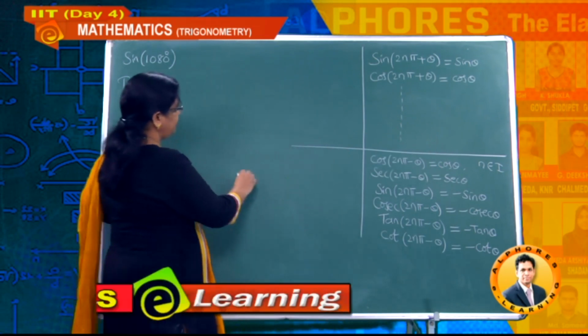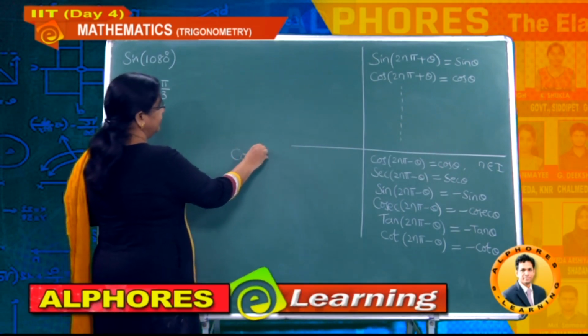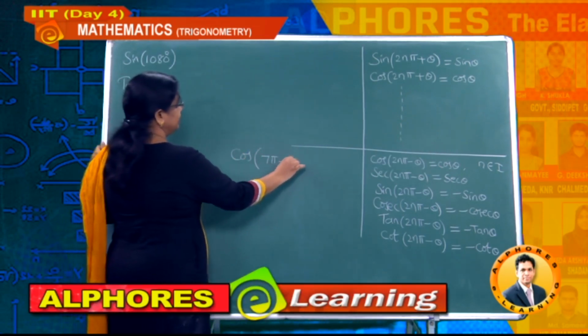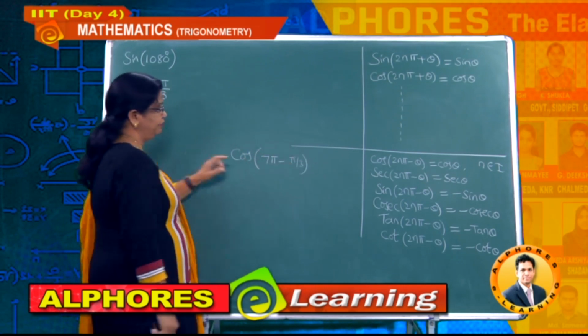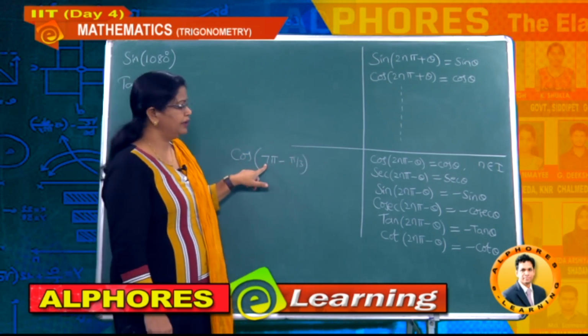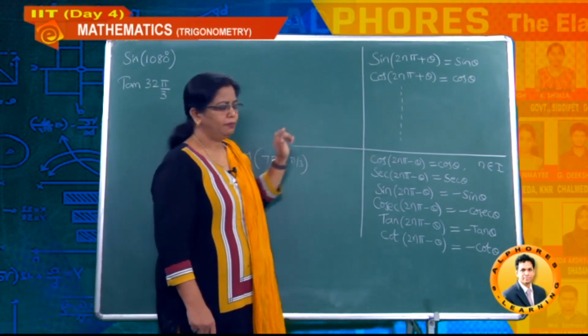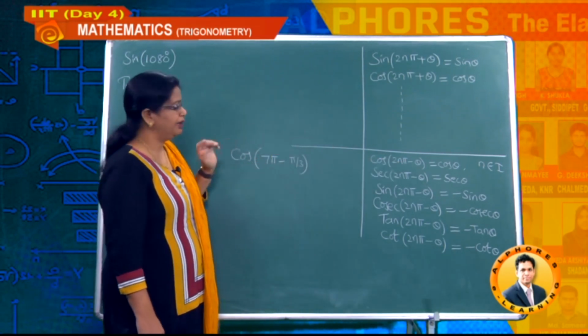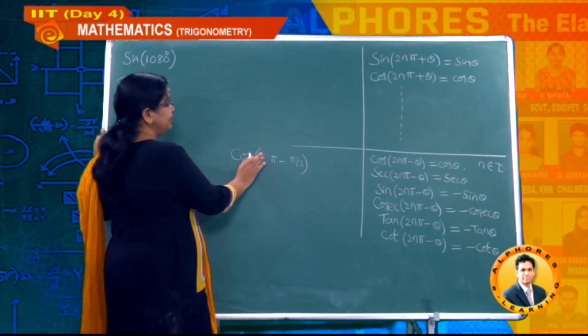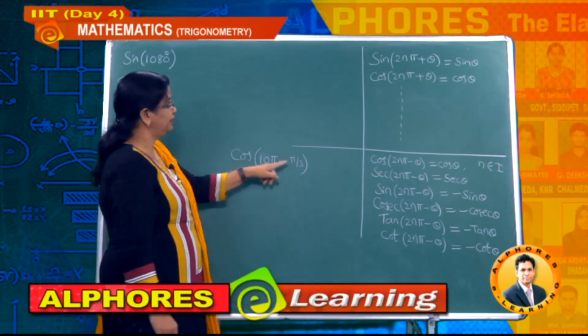For example, if I write cos of 7 pi minus pi by 3, understand, this 7 is not an even multiple, whereas here we require an even multiple of pi, and 7 is an odd multiple. So suppose this one is 10 pi minus pi by 3.